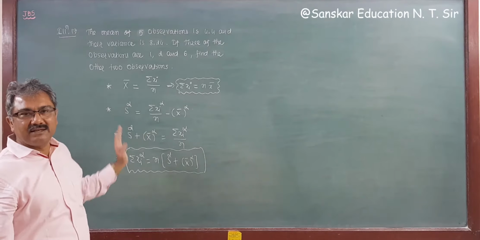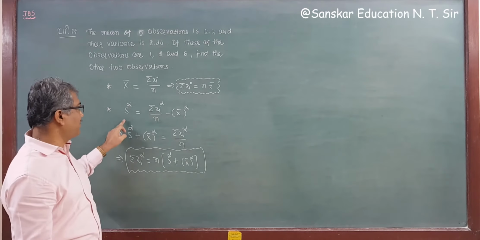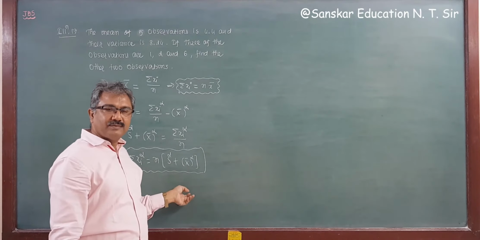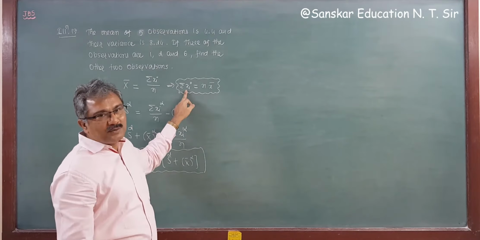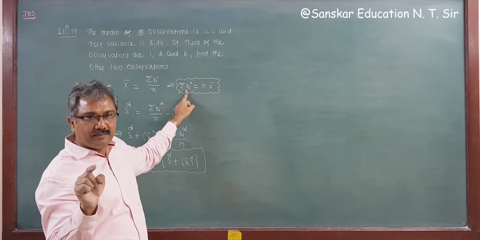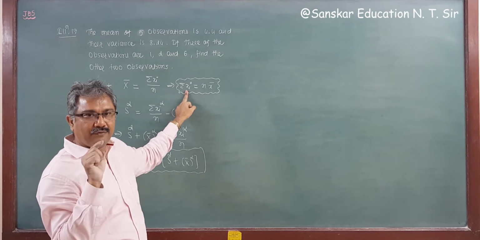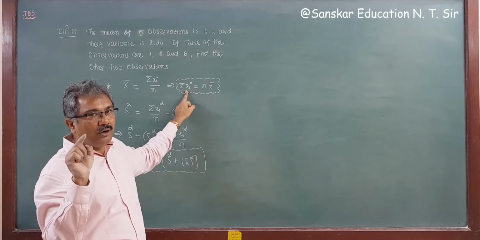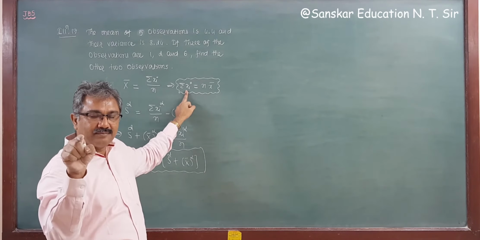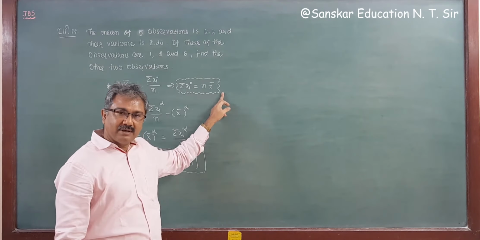This is very easy, two formulas, right? You know this formula and this formula, so from that we derive this. Please pay attention here and listen carefully. The sum of all observations is equal to n into x bar, that is n into mean, right?